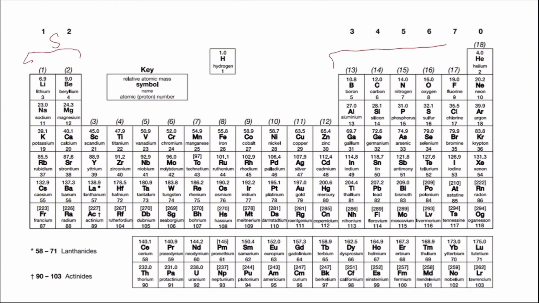The six on the right, from group 3 to 0, are the p block, which means the outer shell electrons are in the p subshell, and the s block means the outer shell electrons are in the s subshell. The ones in the middle are the d block, or as we call them, the transition metals. So when you write the electronic configuration, you just need to locate where the atom is.